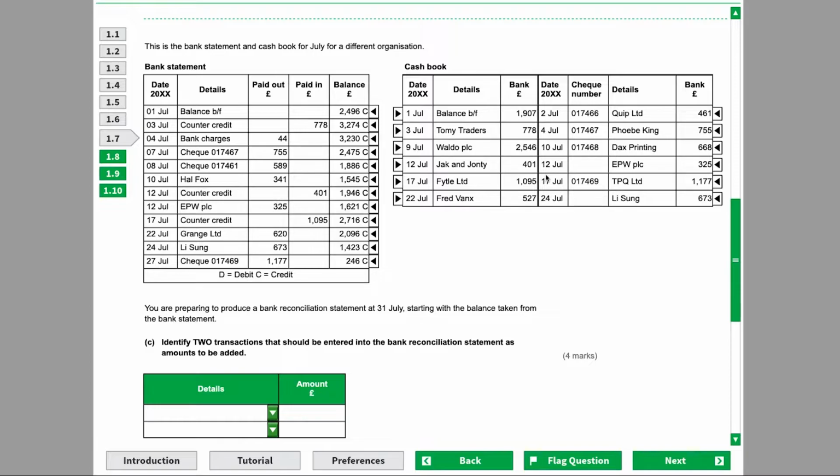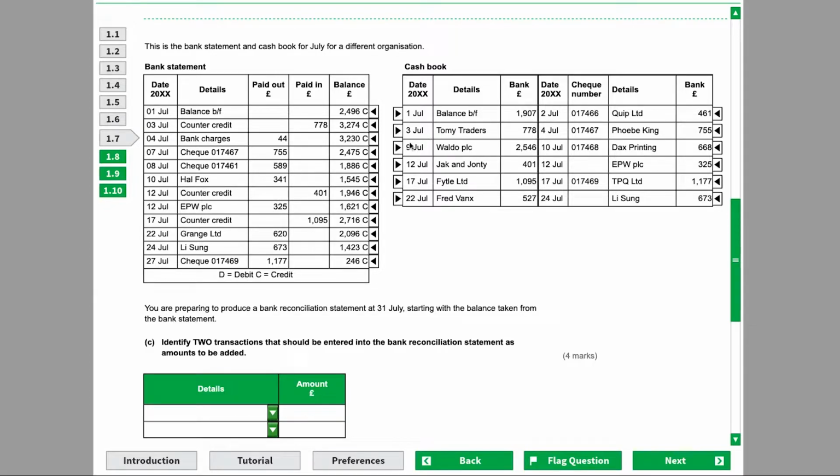Your other option, and probably better option here, will be to do the difference between the two opening balances and look for that figure on the bank statement. So with that in mind, we would do 2,496 minus the opening cash book balance of 1,907 to give you a difference of 589.